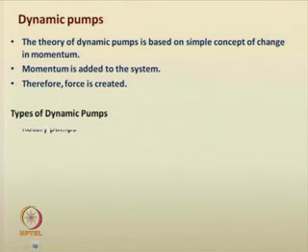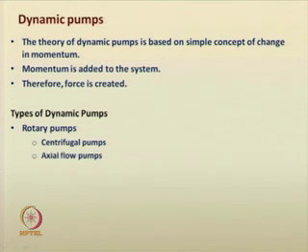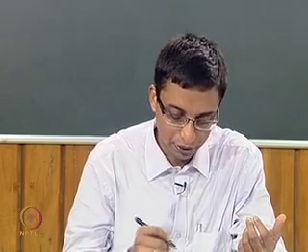What are the types of dynamic pumps? It involves rotary pumps. Some of the rotary pumps are centrifugal pumps and axial flow pumps. Please note, as it is centrifugal, you will see that centrifugal mechanisms are involved there. Axial flow, as the name suggests, has a long axis involved, and axial flow pumps mean direct straight flow.